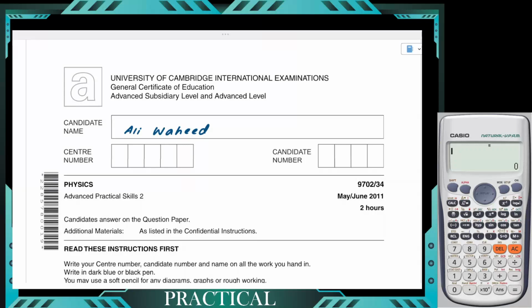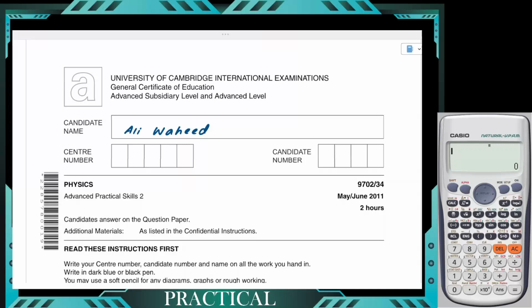I've uploaded a detailed video on how to solve question number 1. I've explained how to draw the graph, significant figures, decimal places, and all that. So you can just get the link in the description and it'll take you to that video.